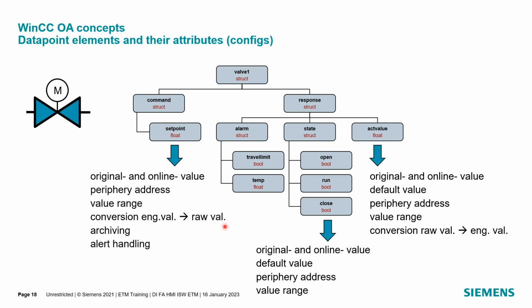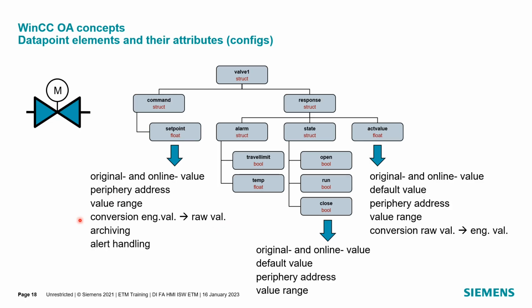So I can directly say, okay, 1000 liters will be the same as 100% filling state, right? So I can have more or less a calculation from the engineering value in the SCADA system to the raw value, which is then taken in the PLC, for example.